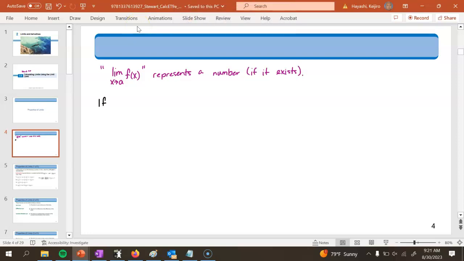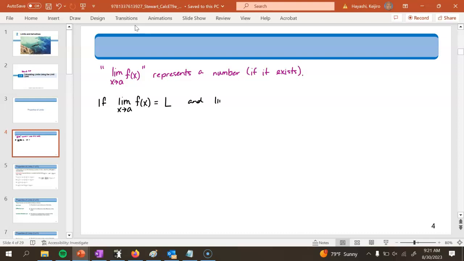So if you have two different limits, so if you have, say, a limit as x approaches a of a function f of x, and we'll say the two numbers that I usually use, we'll just say that that equals L.